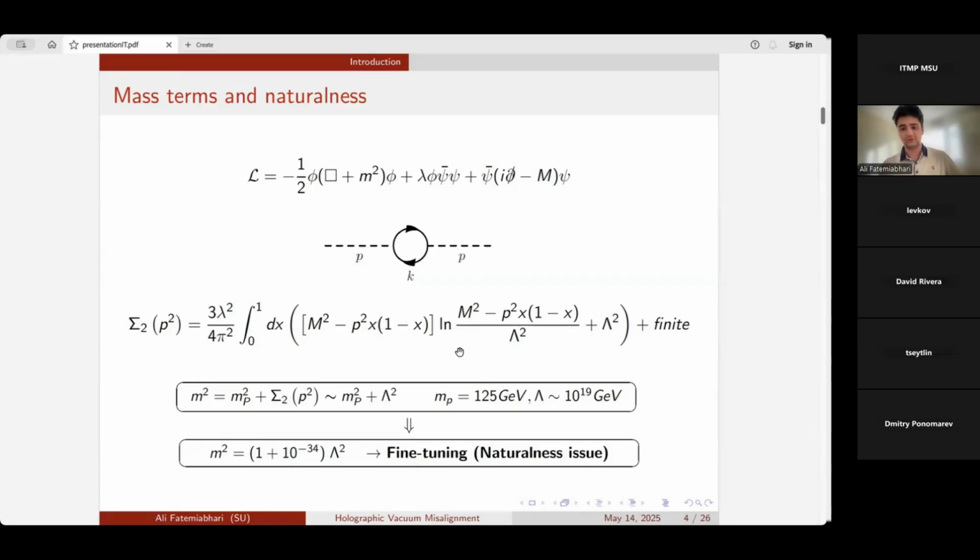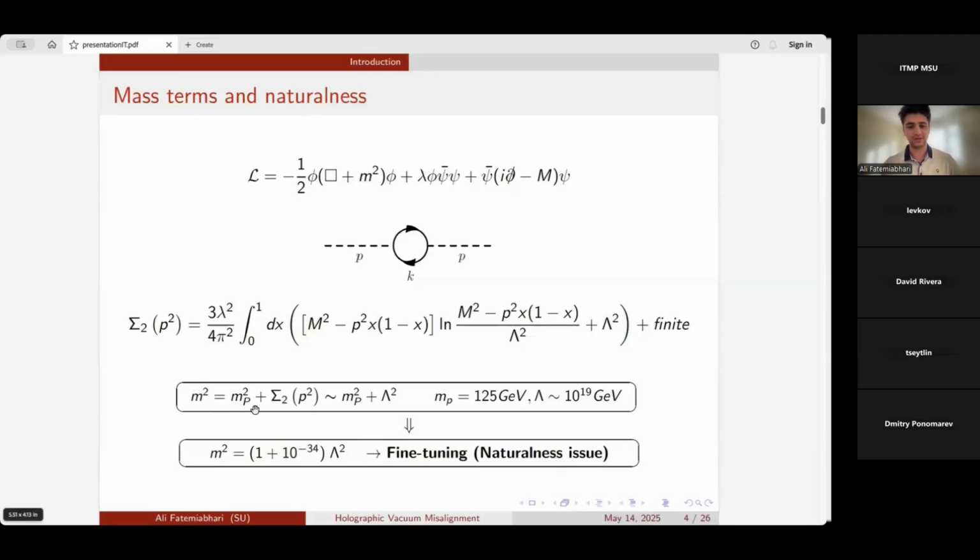The issue becomes a bit apparent when this cutoff finds a physical significance. So, for example, if we find the UV completion for the standard model, whether it is string theory or whatever, then this cutoff will find a physical meaning. It can be an inverse of a string length or something like that. Then some peculiarities happen in our theory.